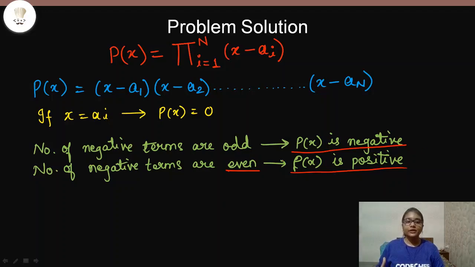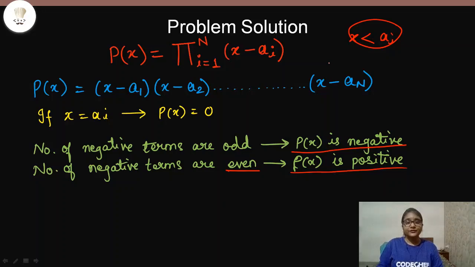Now, how do we know how many terms in the polynomial will be negative? There is a very easy way of doing that. We know that a term will only be negative if x is less than a_i. It means that if the queried value is less than the root, then our term will be negative.